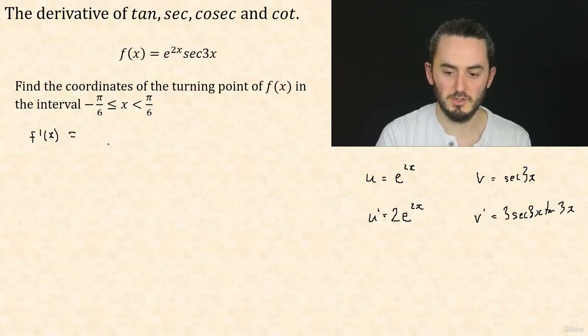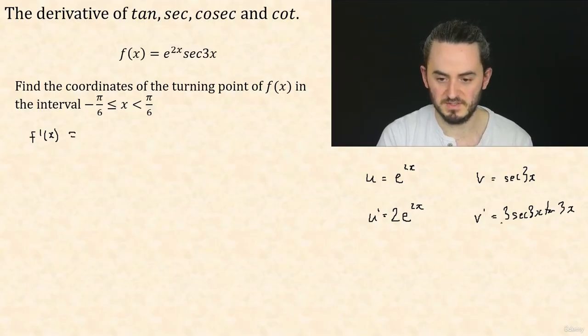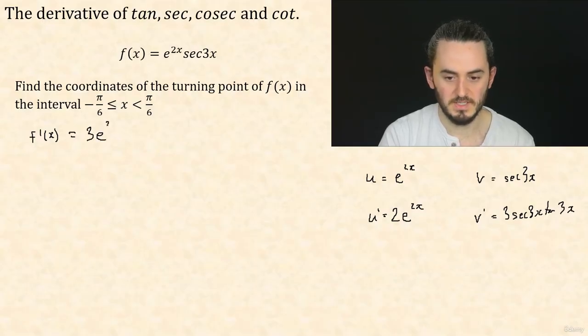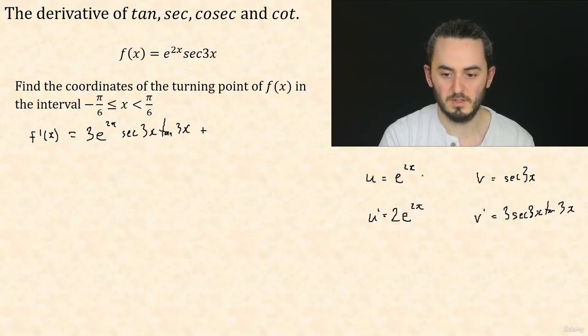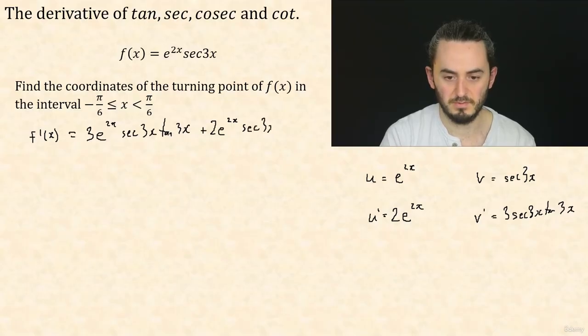So what have I got? I've got uv dash, so that's this times this, is 3 e to the 2x sec 3x tan 3x. I just moved the number 3 to the front, plus vu dash, which is 2 e to the 2x sec 3x. And I want to know when that is equal to 0.